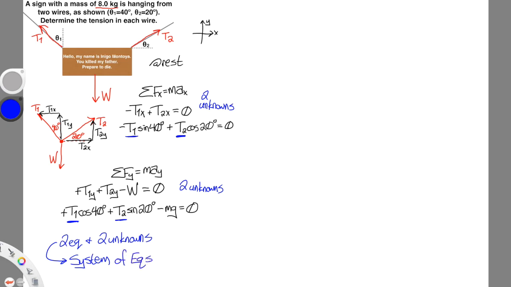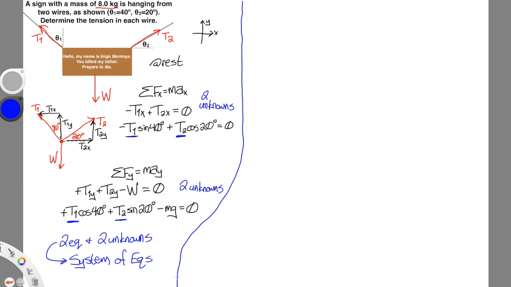I'm going to do all of my systems of equations work over here on the right side of the page. We've written our F equals ma equations, and we know we have enough equations for the number of unknowns we have, so after this, it's just math.